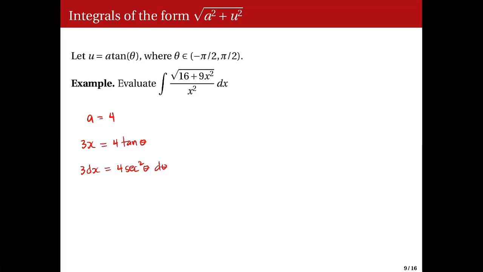And then what else? We need x squared. So from here, we can square both sides. We will have 9x squared equals 16 tangent squared theta. Or we have x squared equals 16 tangent squared theta over 9.